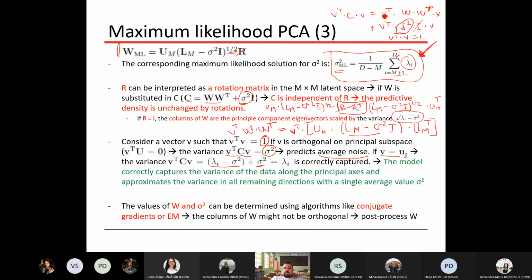So if V equals UI, from this term we'll only get lambda I minus sigma square.